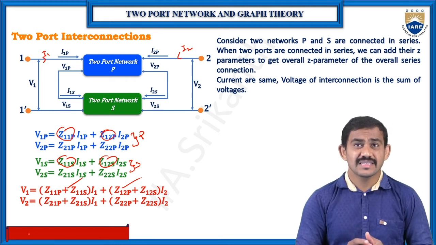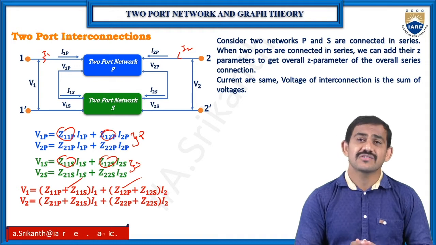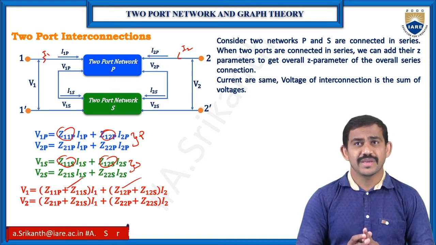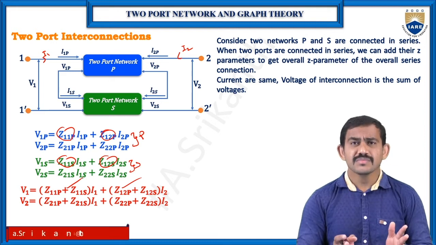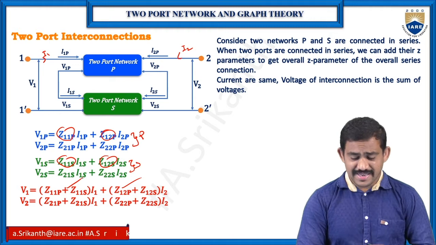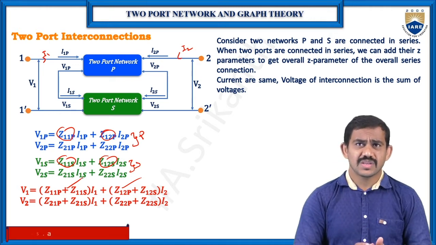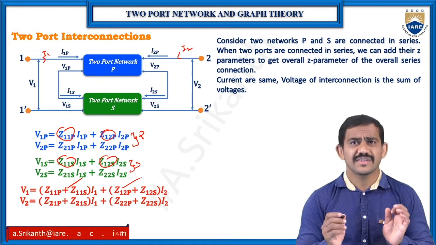I1 is equal to I1 of P and I2 is equal to I2 of P. Clear? So this is about two-port network series connections, and in an exam I will give a sum problem. It's very, very simple.